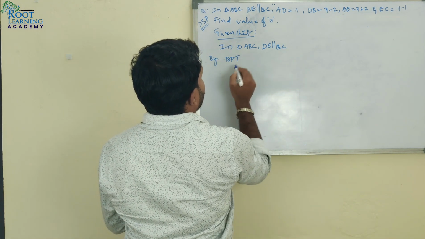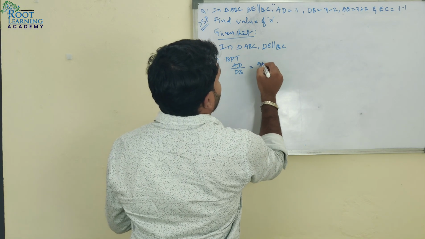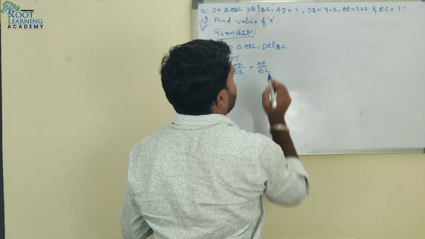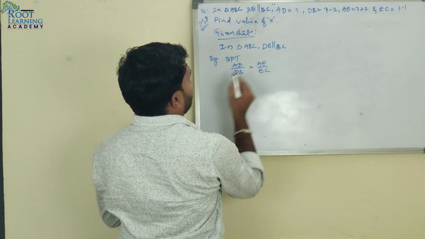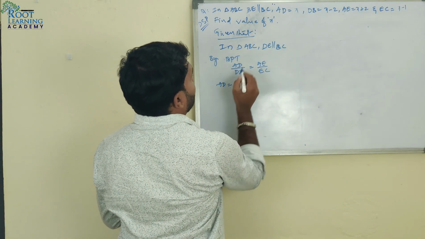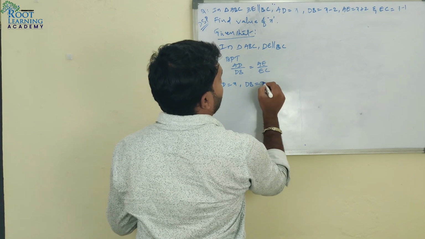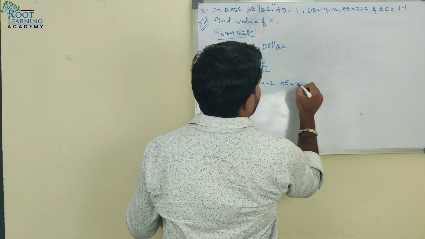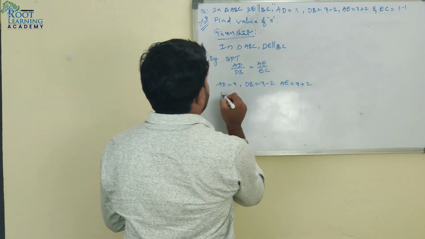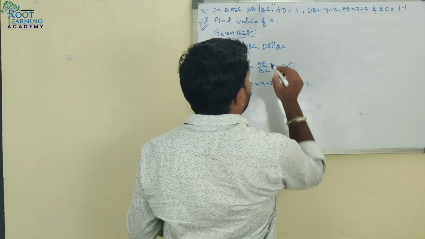By BPT, AD by DB is equal to AE by EC. He already mentioned all the values here. So AD is equal to x, DB is equal to x minus 2, AE is equal to x plus 2, and EC is equal to x minus 1. Take it as equation number 1.